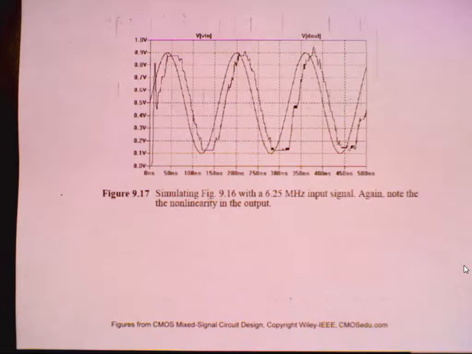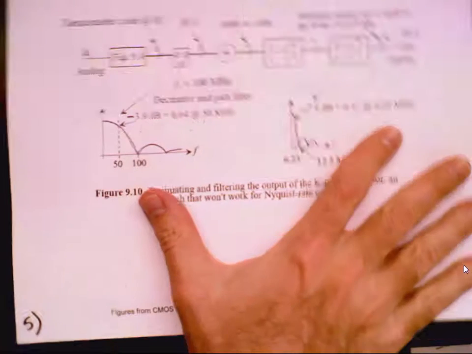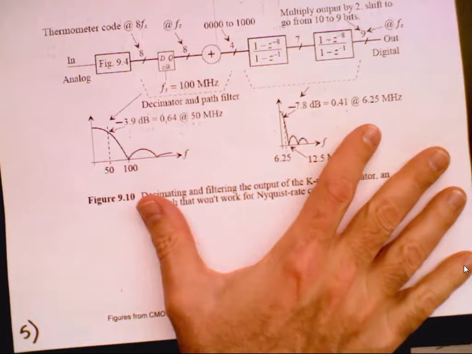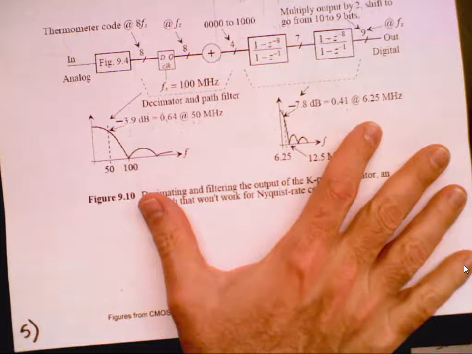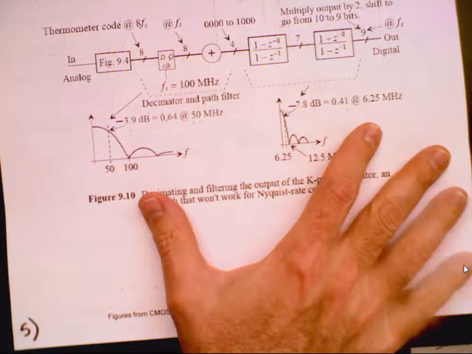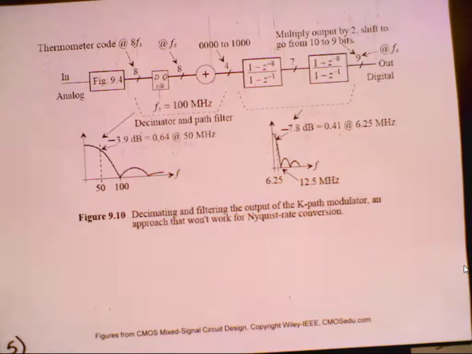So let me go back real quick to figure 910. Where's figure 910? Right here. So then the question might be, okay, how can we modify this without decimation?